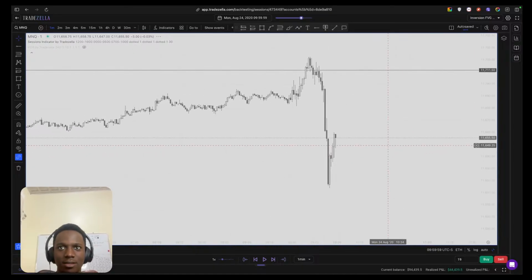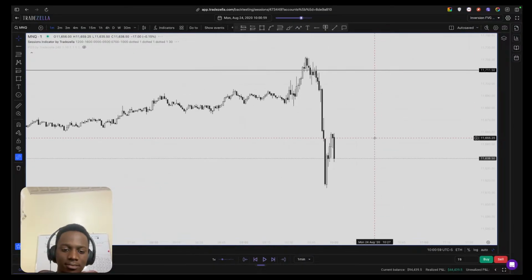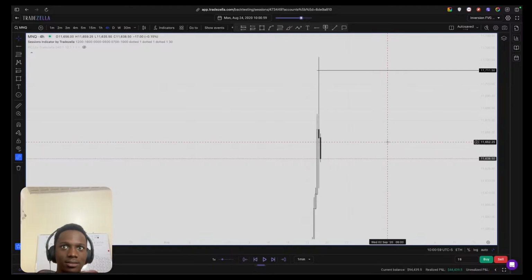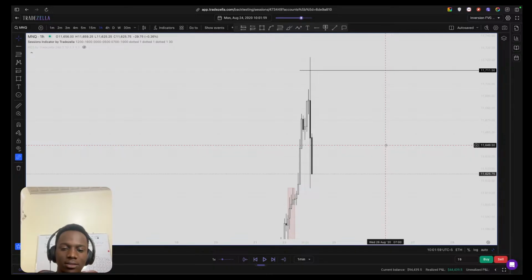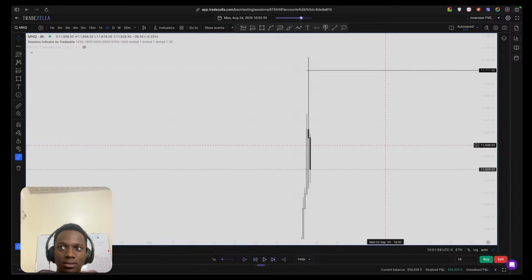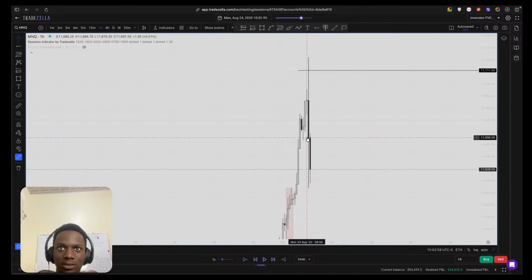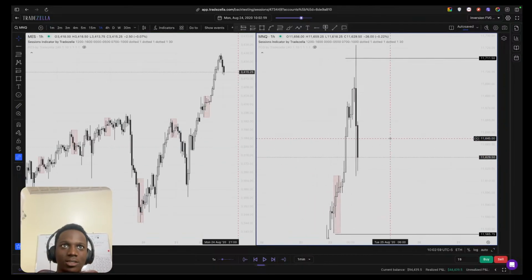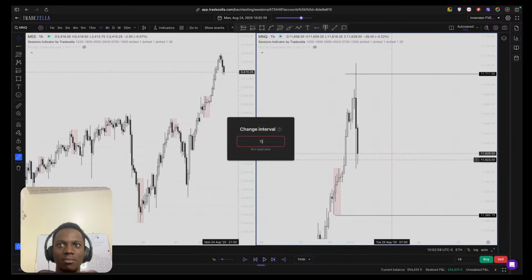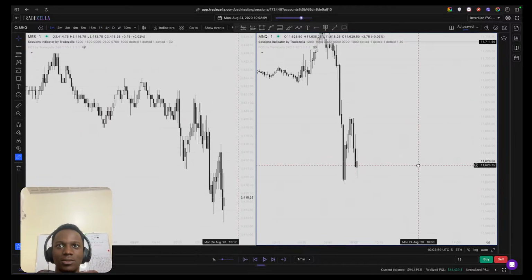I think this is happening for the PO3 to close good. 4 hour closed somewhat bullish. The 1 hour we are dropping, we've burst the gap here, but I think we might already reject because I think we've dropped enough. Maybe we can start seeing the retracement.